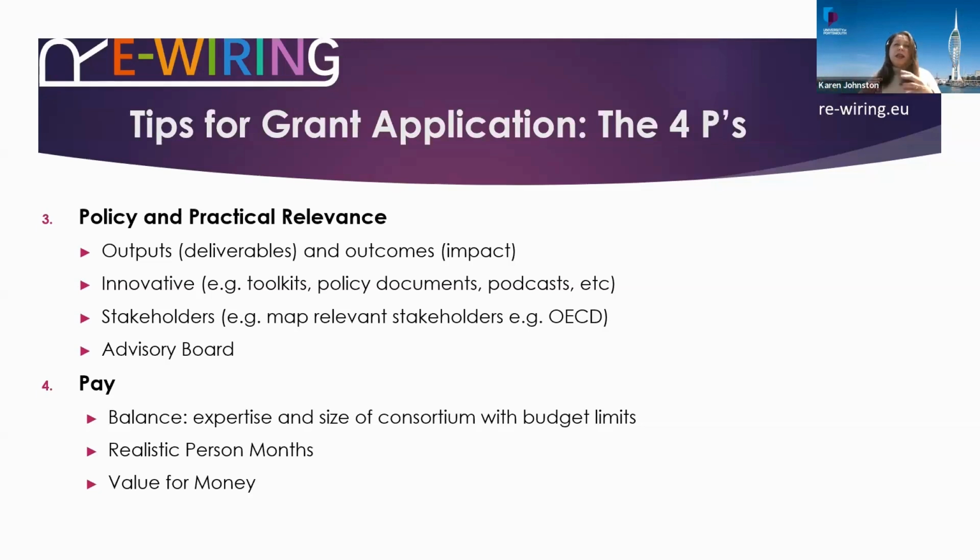But when it comes down to it, the more and more partners you add, the smaller and smaller the budget is going to be per partner. So you have to balance the expertise and think really carefully about the expertise that you want, what institutions you want on board, and how many people they are going to include in their internal team.